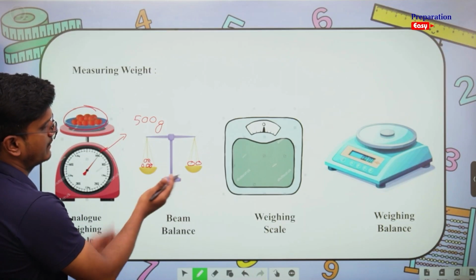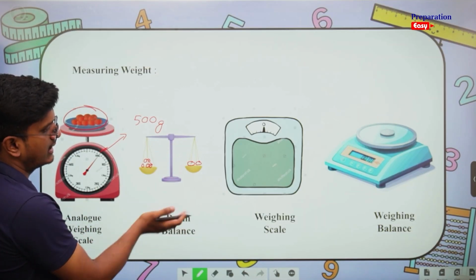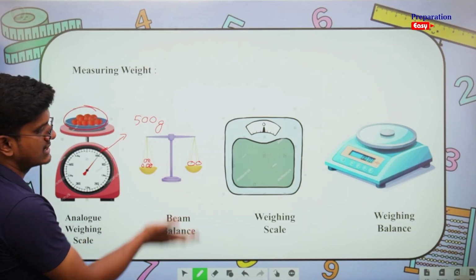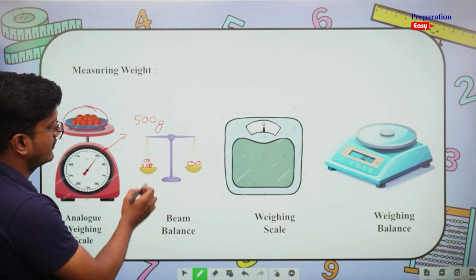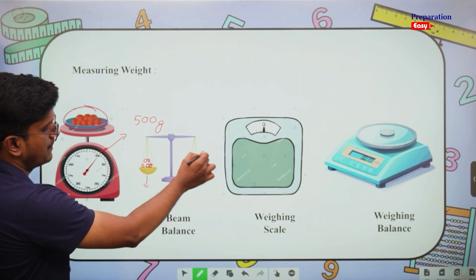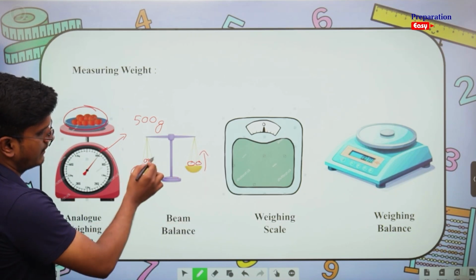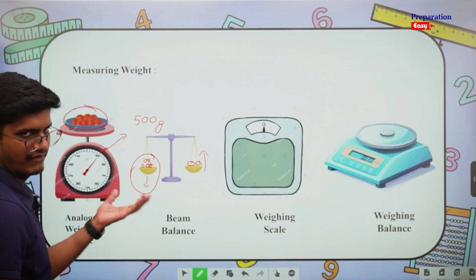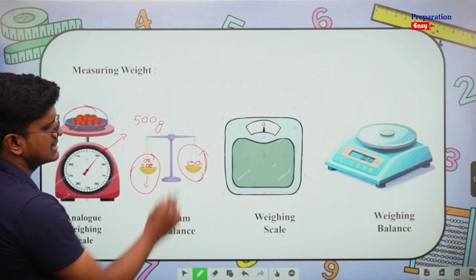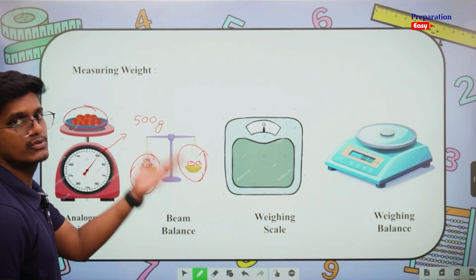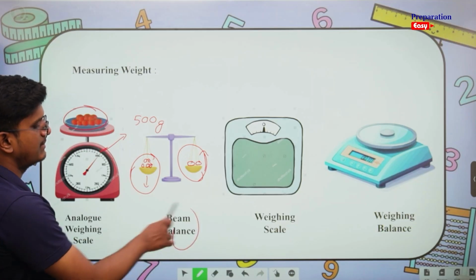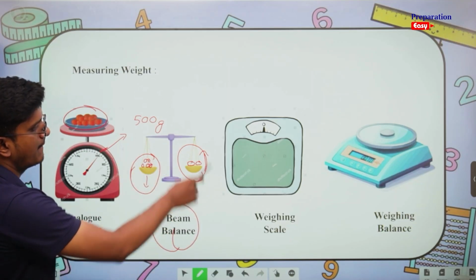Whenever one side goes up and the other goes down, we can tell which one is lighter and which is heavier. If this side goes down and this goes up, it means the weight on this side is heavier and the weight on the other side is lighter, that's why it's going upward. We call this a beam balance.